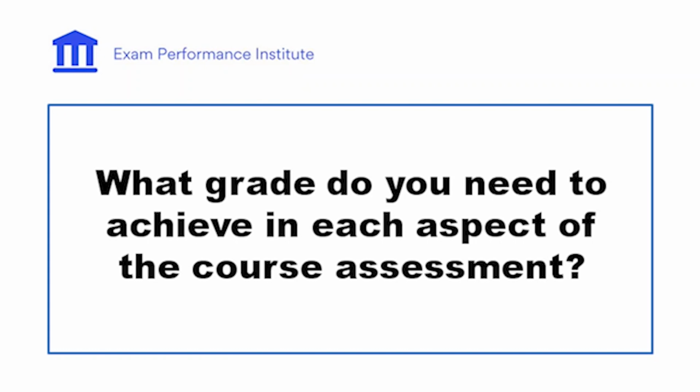And finally, I'm going to break that down even further within each subject. Within those subjects, I need to achieve a certain grade or score in each element of the assessment strategy. So if you have assignments and exams, what do you need to achieve in each of those elements in order to reach your grade for that particular subject?